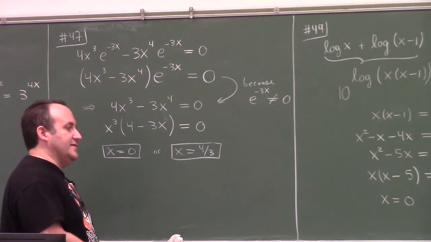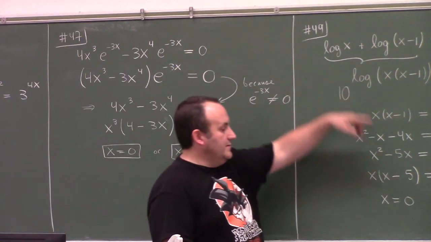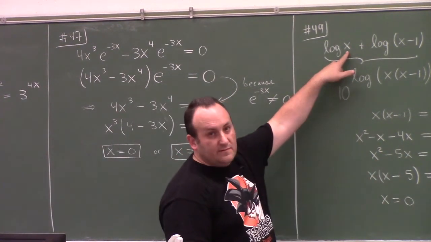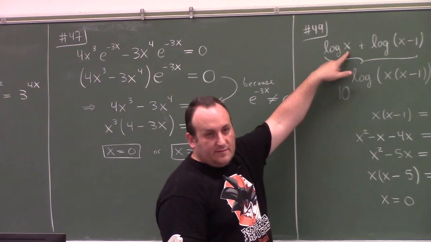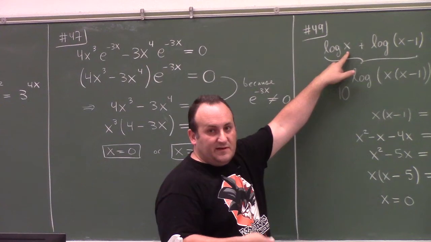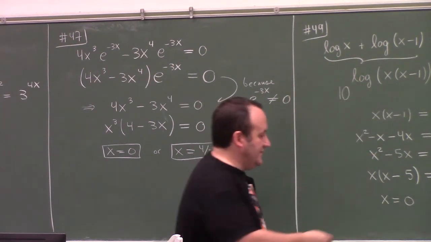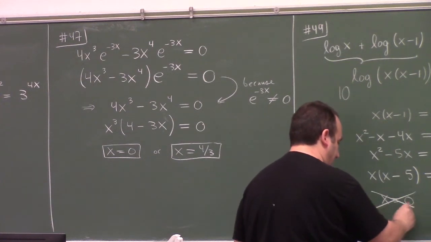Now, x equal to 0 is troublesome, because can we take the log of 0? The answer is no. The input to a logarithm must be positive. Log of 0 is not defined. So this is an extraneous solution.